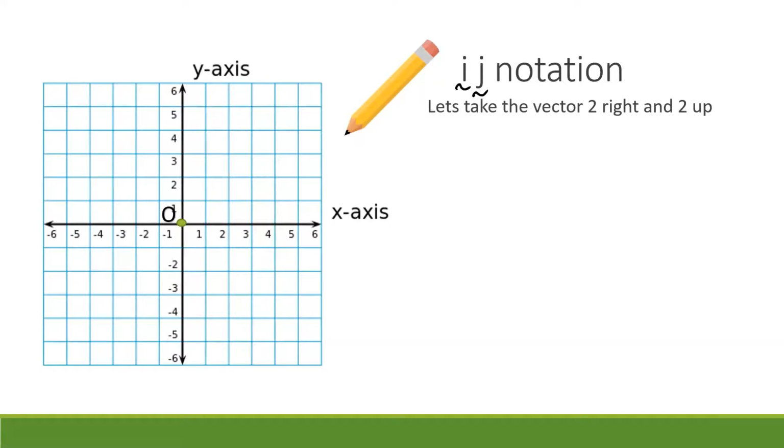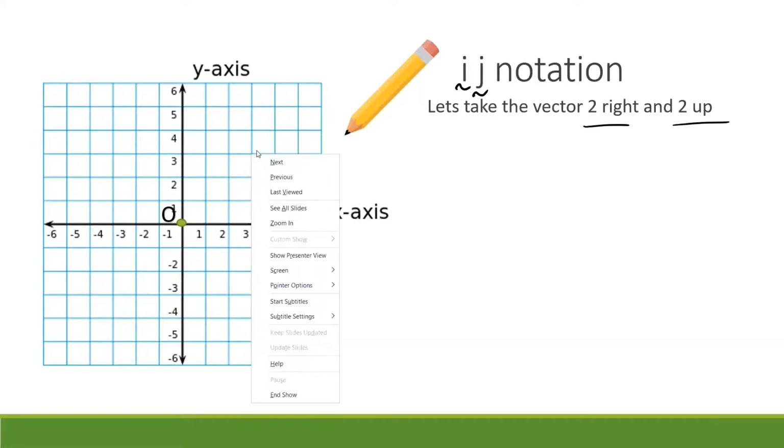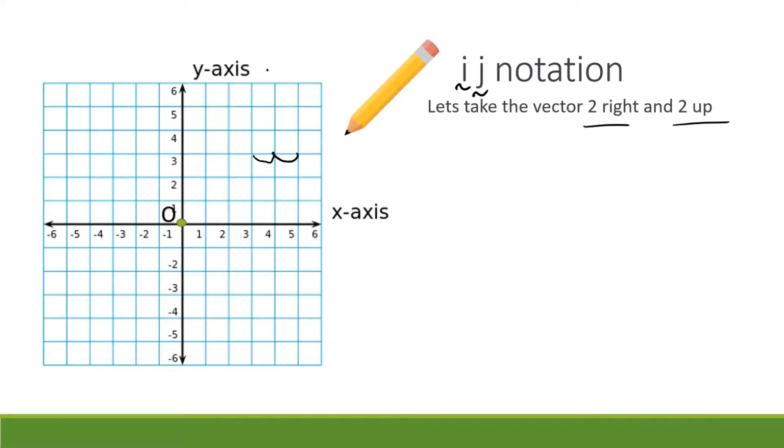Let's take the vector 2 right and 2 up. So that would look like 2 to the right, 1, 2, and then 2 up, 1, 2. So it's the vector that connects these 2 points. Actually, that's the same as OA, but now we've actually given it a name.